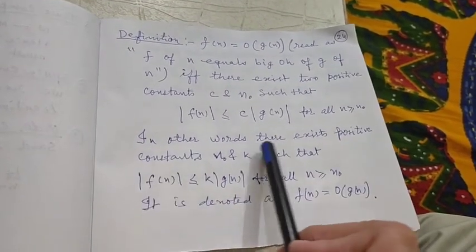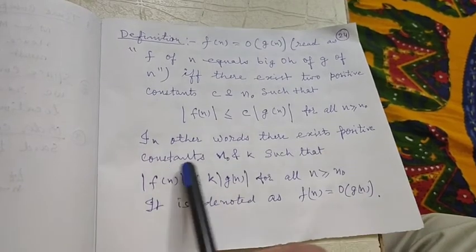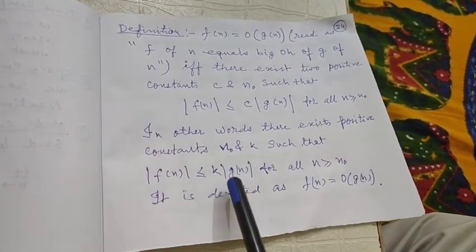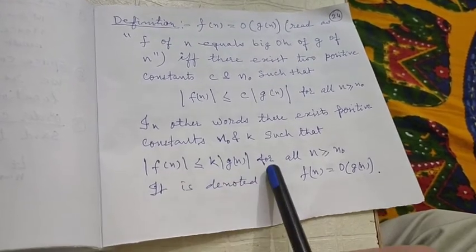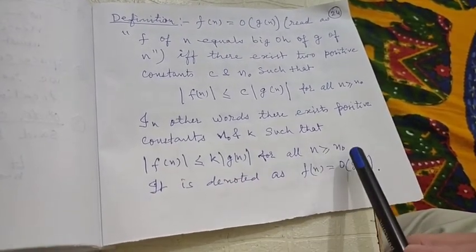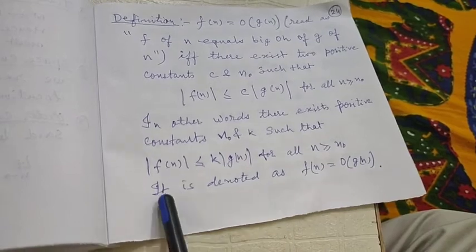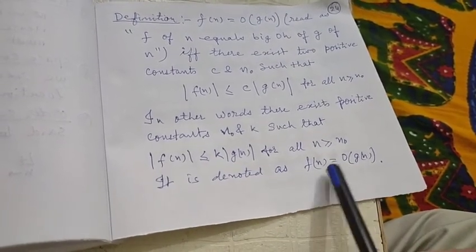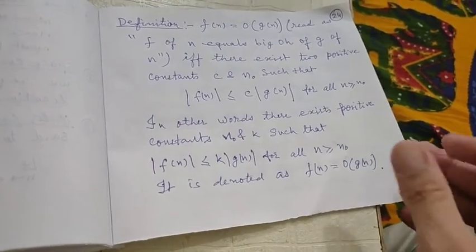In other words, there exist positive constants k and n0 such that f(n) is less than or equal to k times g(n) for all n greater than or equal to n0. It is denoted as f(n) equals big O of g(n).